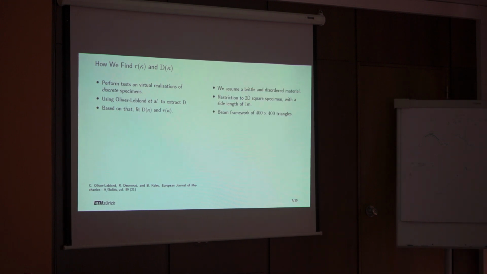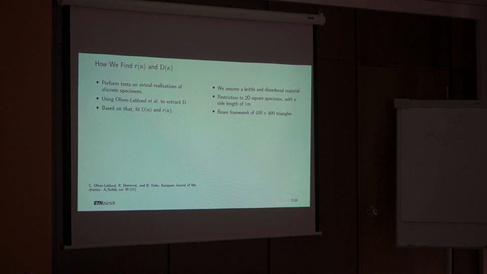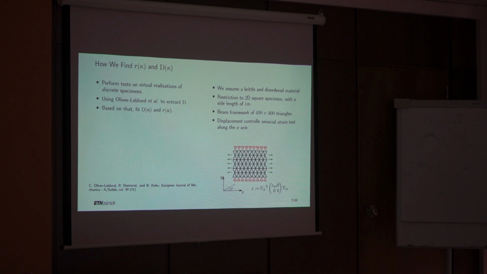So, for the material, I assume a brittle and disordered material, which is basically a consequence of using a large Weibull module, and I am restricting myself to 2D specimens. The tests are all performed displacement controlled with uniaxial strain tests.